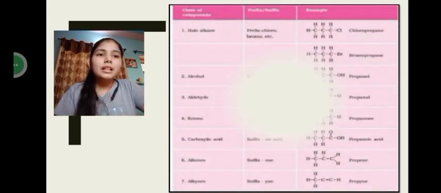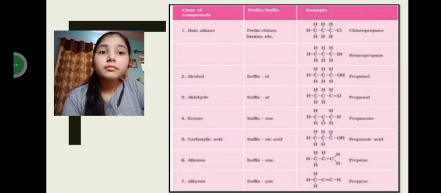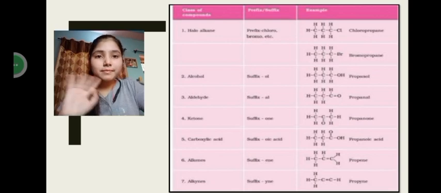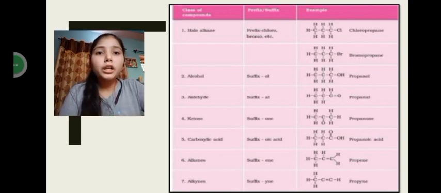So this is the table of functional groups. First is haloalkane. Halo means halogens, and these are alkanes containing halogens. What are the halogens? Fluorine, chlorine, bromine, iodine.